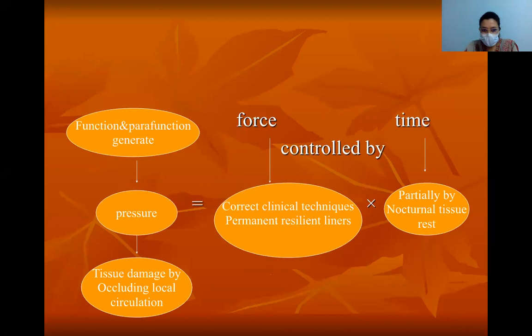Function and parafunction generate pressure. This causes tissue damage by occluding local circulation. The pressure can also cause problems even with correct clinical techniques. Permanent resilient liners can be used to reduce this pressure, but force and time can still be controlled by nocturnal tissue rest, which is partial.